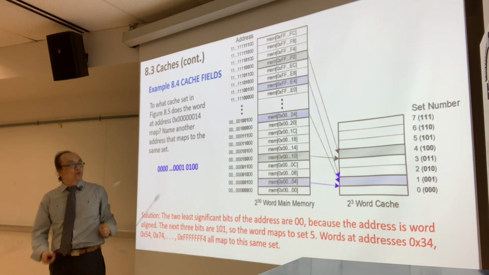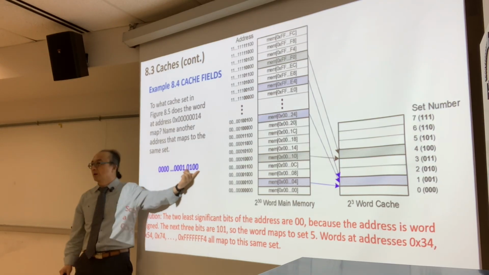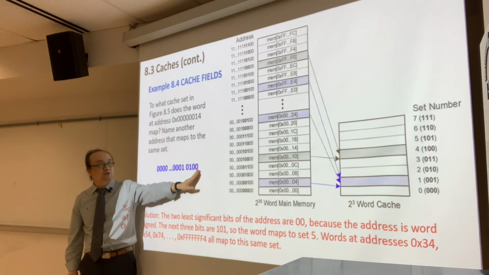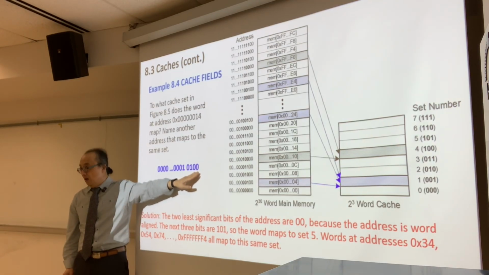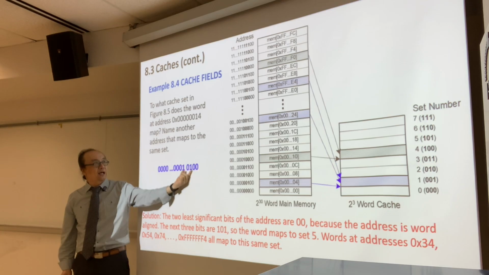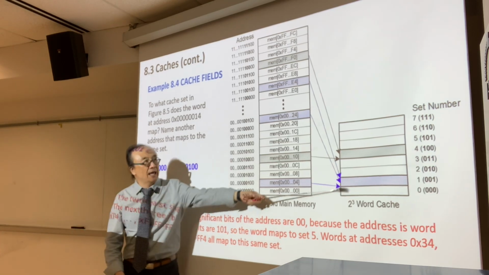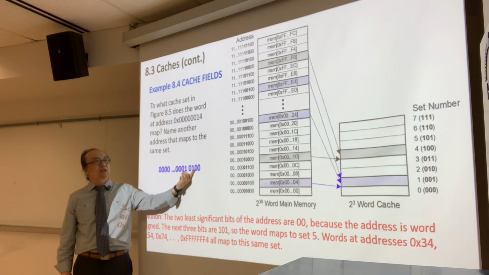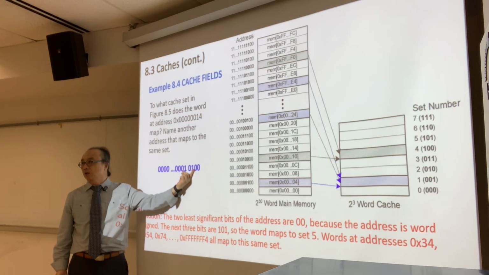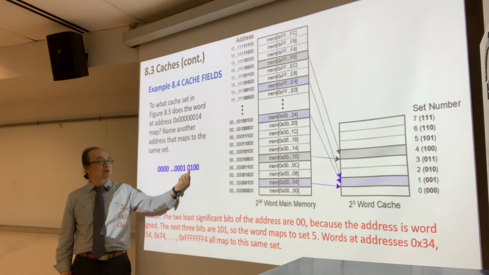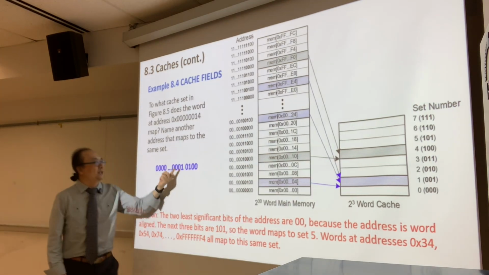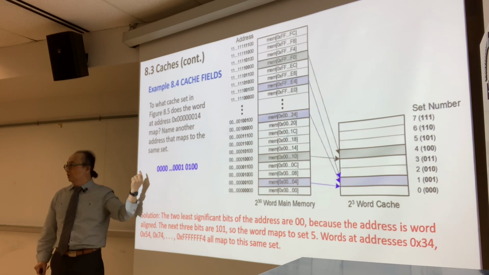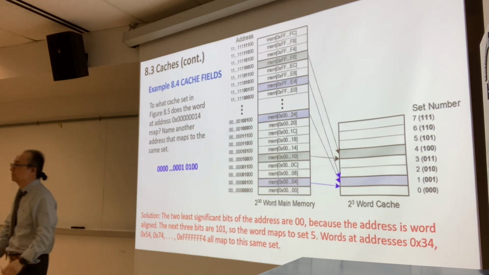Now we need to put that into a binary number, and the lower 2 bits are going to be what? Offset. And then since we have 8 blocks, the next 3 bits are going to be the location in the cache, which is 101 here. And all the rest is going to be our tag values.